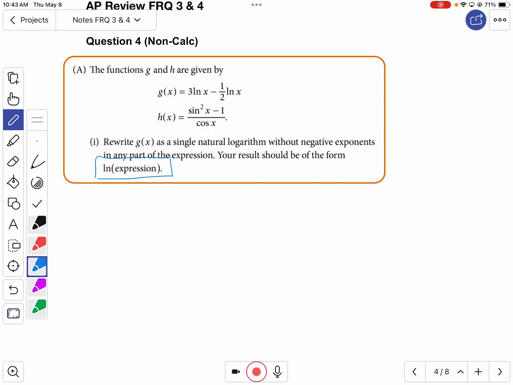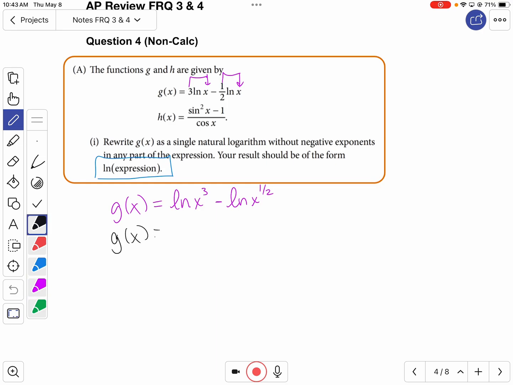Looking just at g of x, what can we do with those coefficients up in front? Bring them up as exponents. So I have the natural log of x cubed minus the natural log of x to the 1/2.